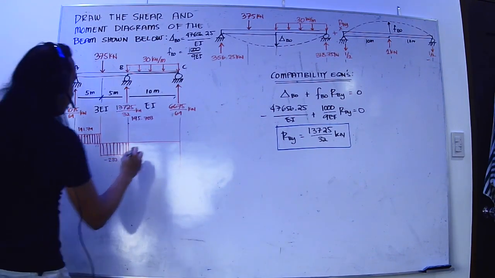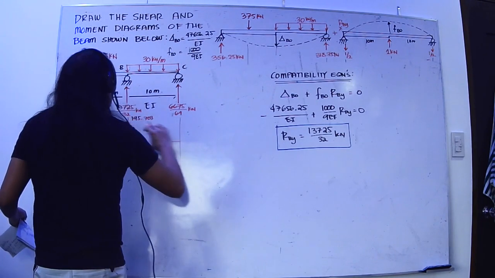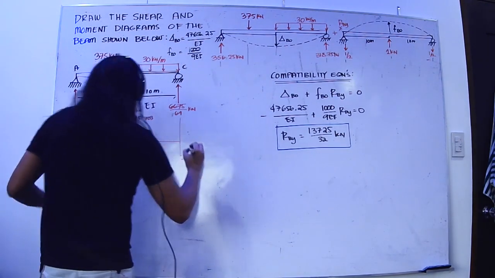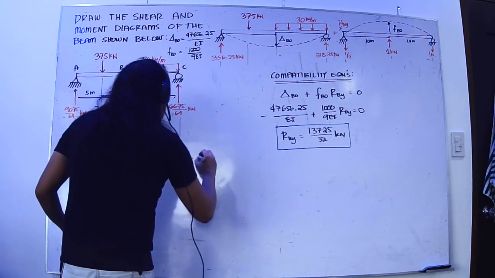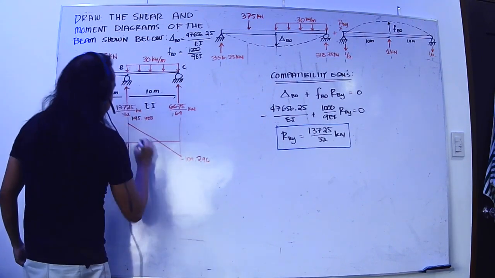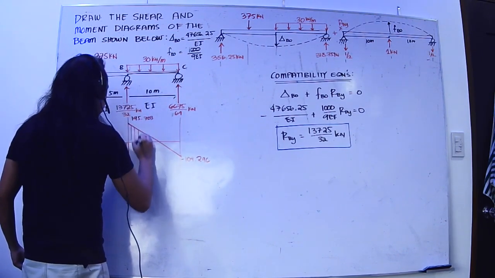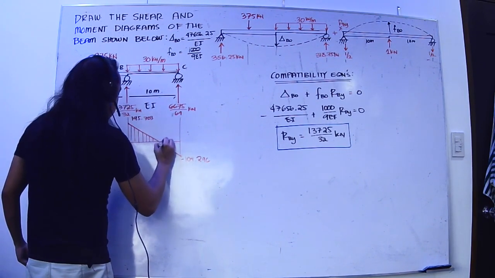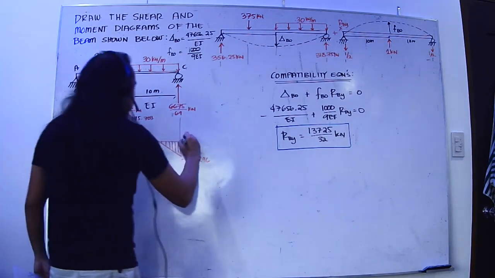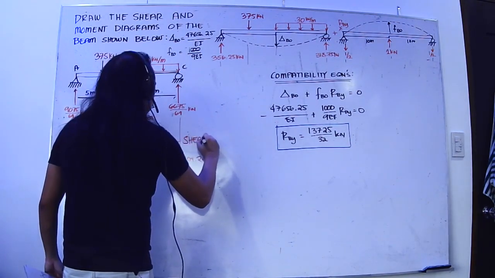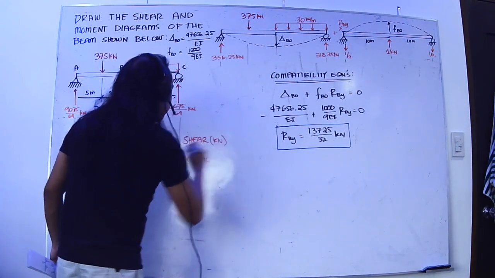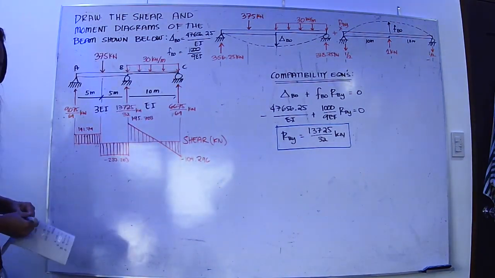So that becomes negative 104.296. So this is our shear diagram. This is in kilonewtons, by the way. Okay? Get it?